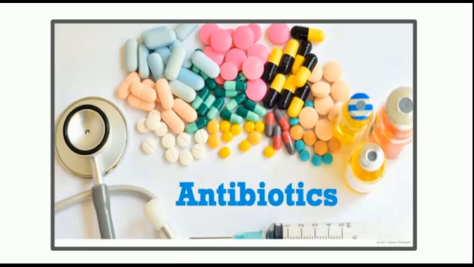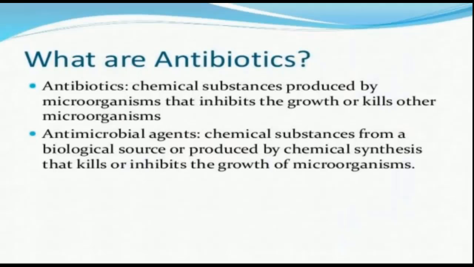The very first naturally occurring antibiotic drug discovered and used was penicillin, and it was discovered accidentally. Since the discovery of penicillin, many other antibiotics have been discovered and developed. So what are antibiotics?